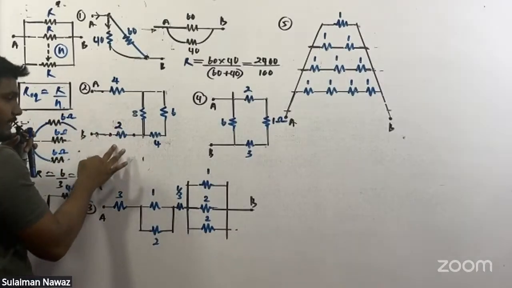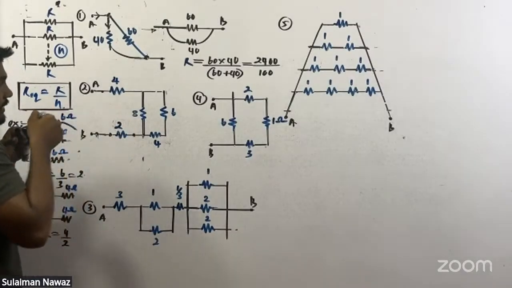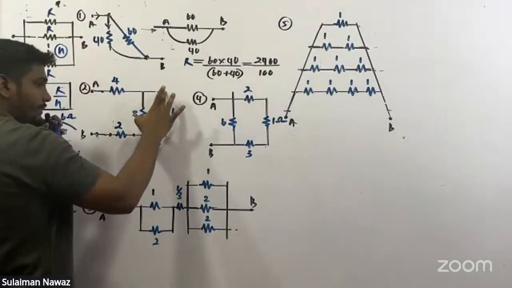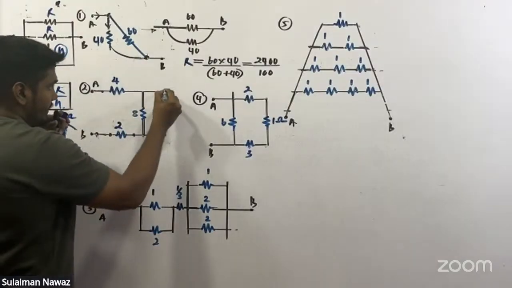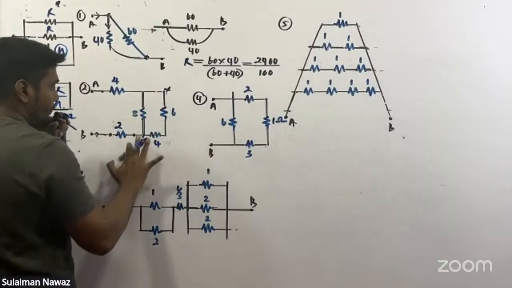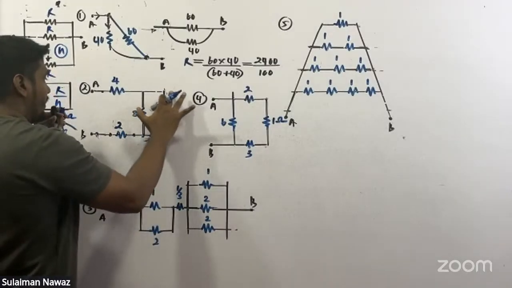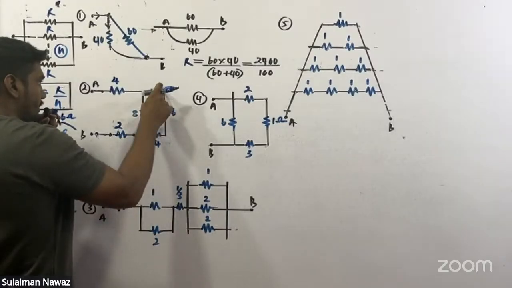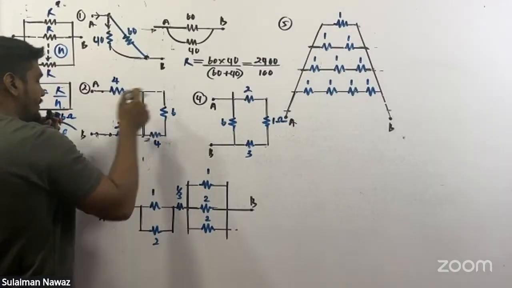Now simplify it. Likewise, you can simplify further. Now consider this point and this point. If you consider these 2 points, what are the resistors between them? Here and here, this 4 and 6.